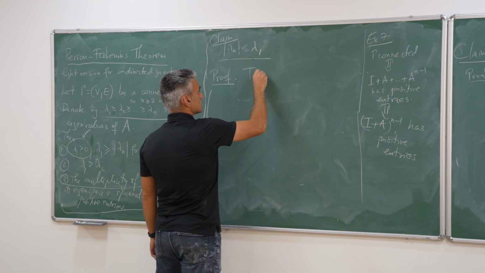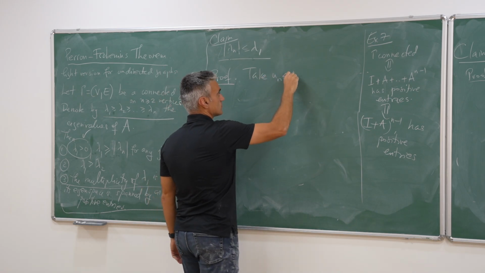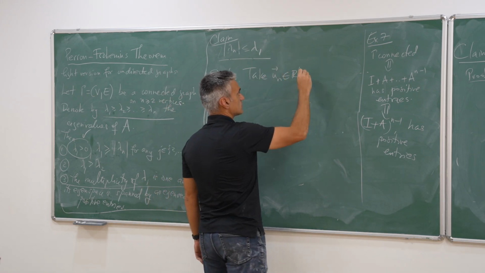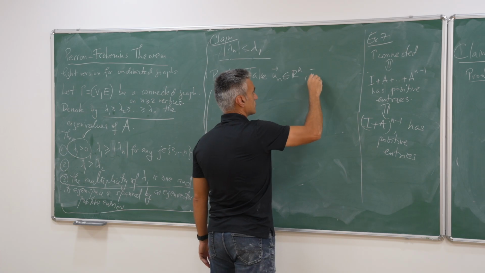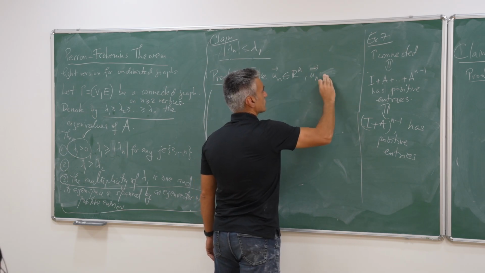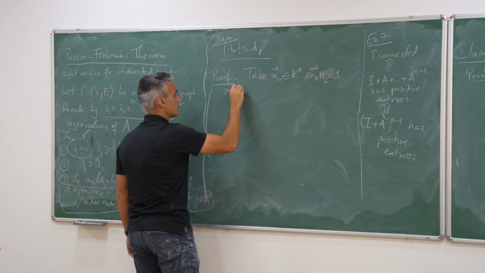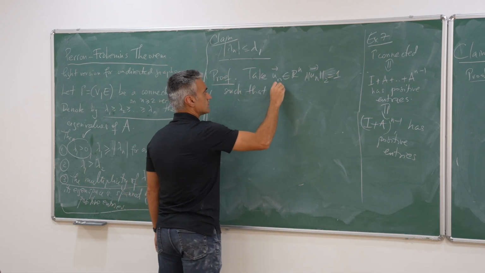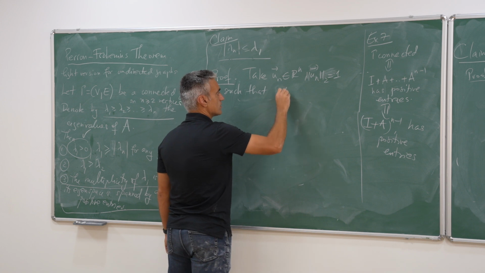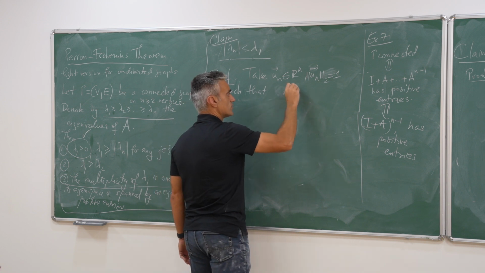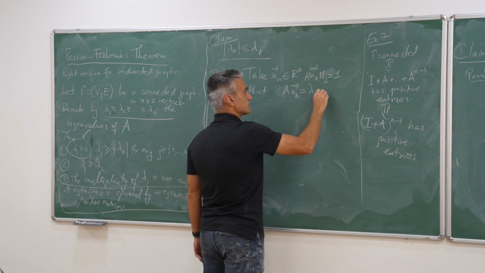So you take un in Rn, un not 0, let's say of length 1 as before, such that A times un equals lambda n times un.